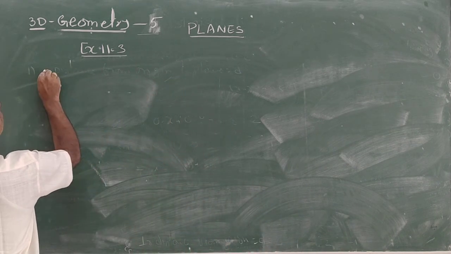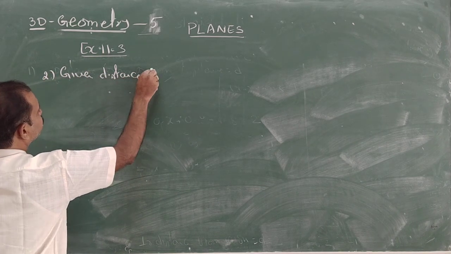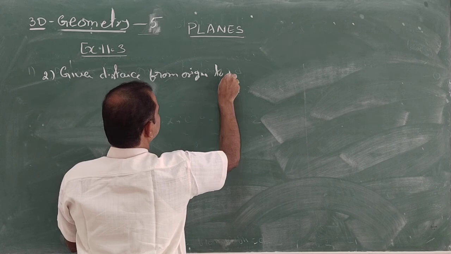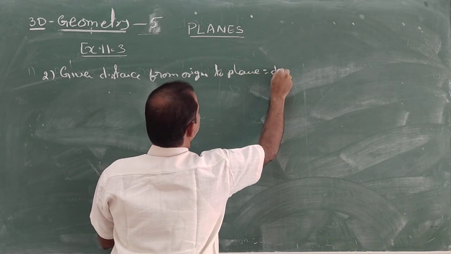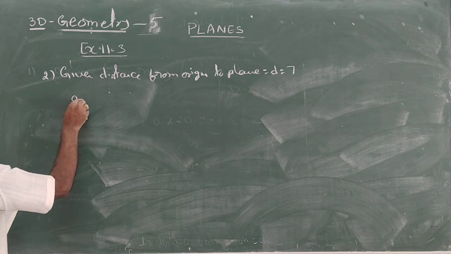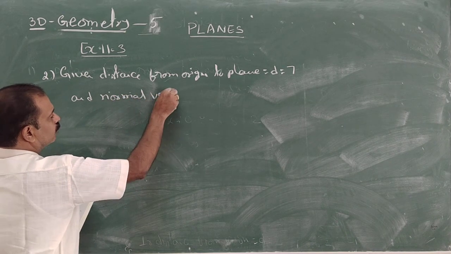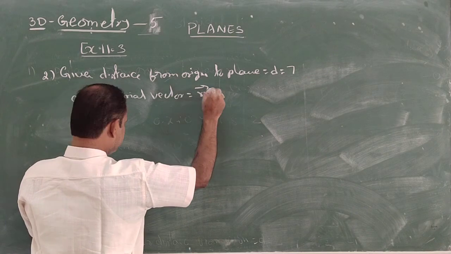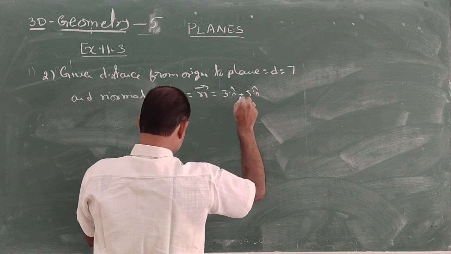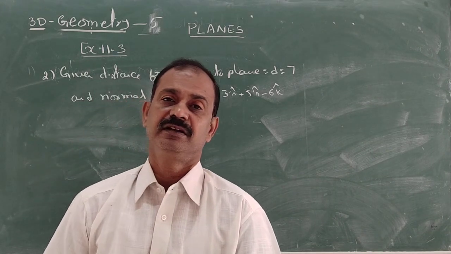So the second one is given: distance from origin to plane is d equal to 7 units, and the normal vector is n equal to 3i plus 5j minus 6k. That is, the normal is given.